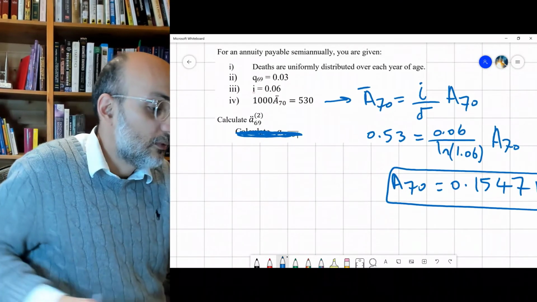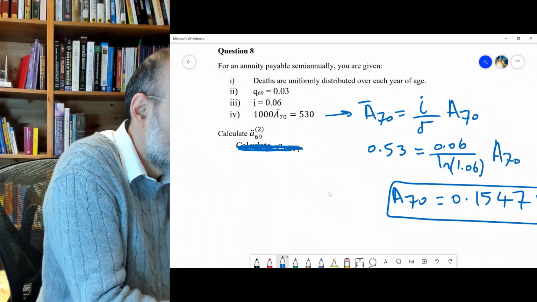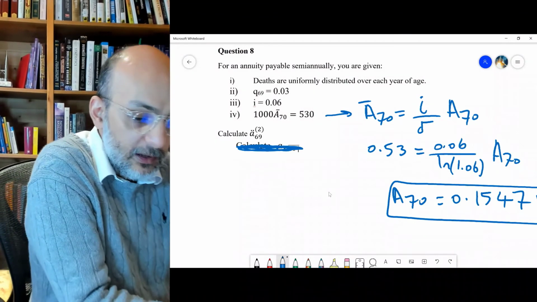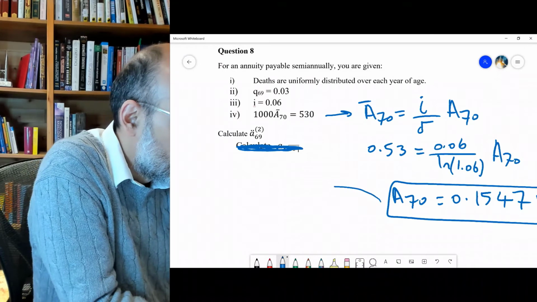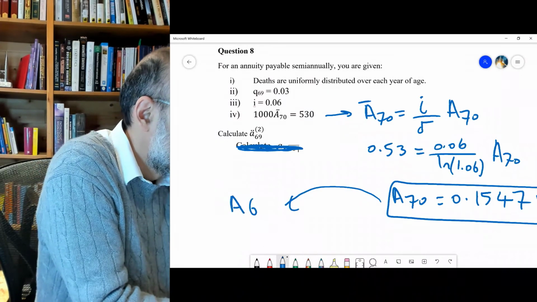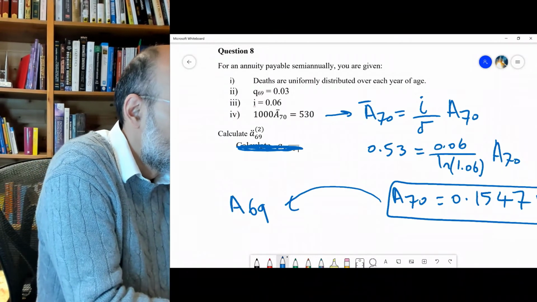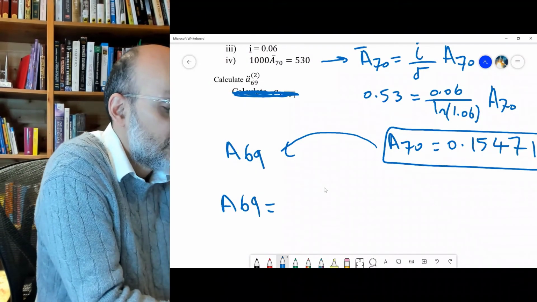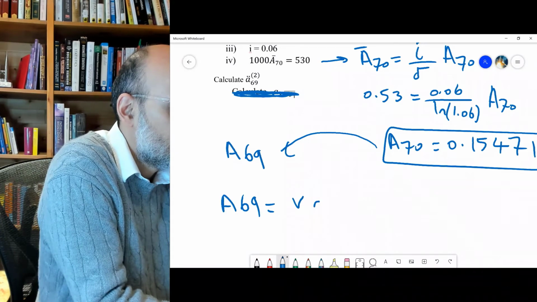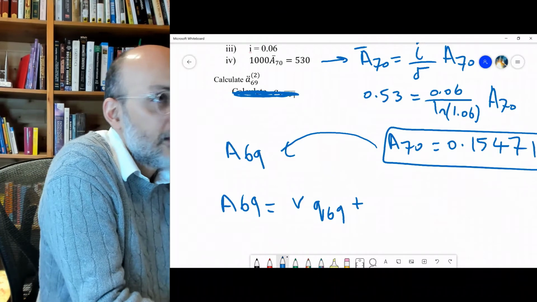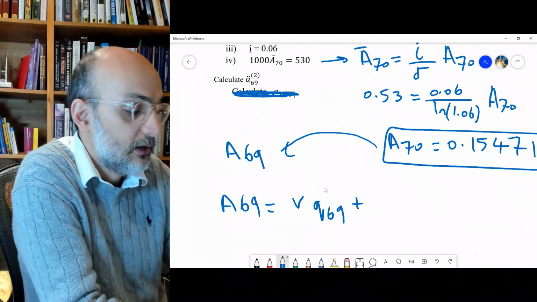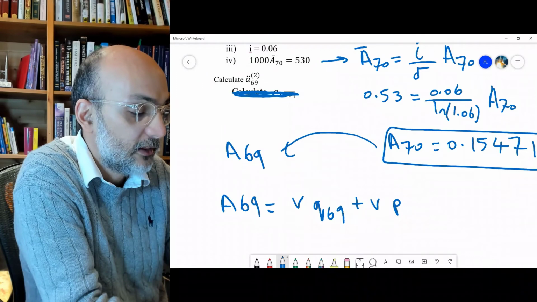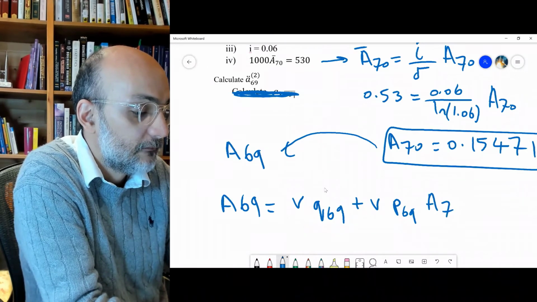So the first step is to get this one correctly. Now let's see what we need to do. Now we need to get this to 69. How can we get it to 69? That's important here. Simple. For A69, if death happens in the first year, you get v. Or death does not happen in the first year, meaning you survive age 69, you get v times A70.